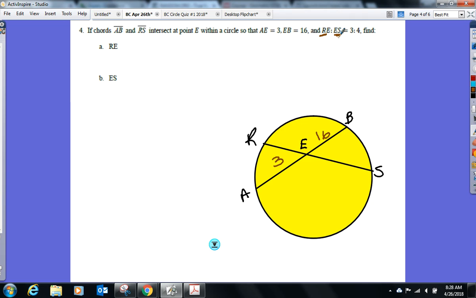If it's a ratio of 3 to 4, what do you guys put in there? RE you're labeling as 3x, and ES you're labeling as 4x. All right, let's get to work.